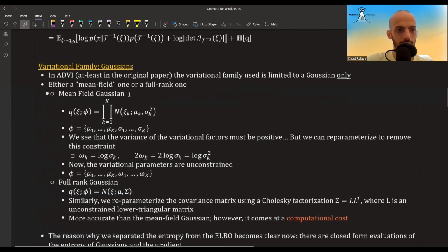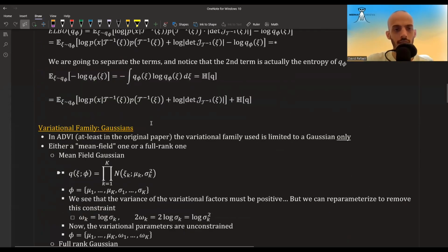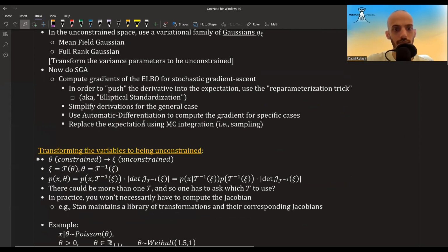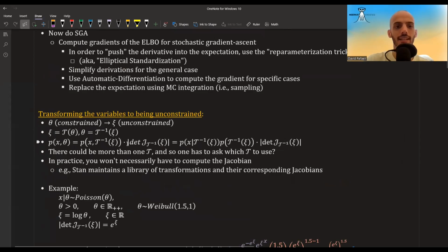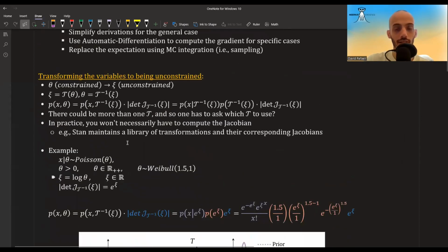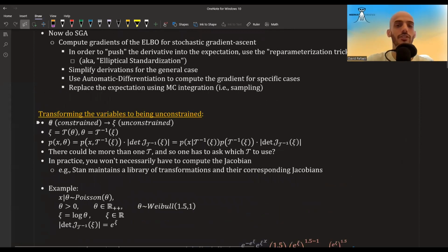And a good question to ask is, why are we doing this? Why did we transform the first parameters to being unconstrained? Well, it makes sense. If we are using Gaussians, Gaussians are unconstrained. So we did the first transformation of the original quantities that interest us, the variable that we wanted to find the posterior of, because we wanted to find it using Gaussians.